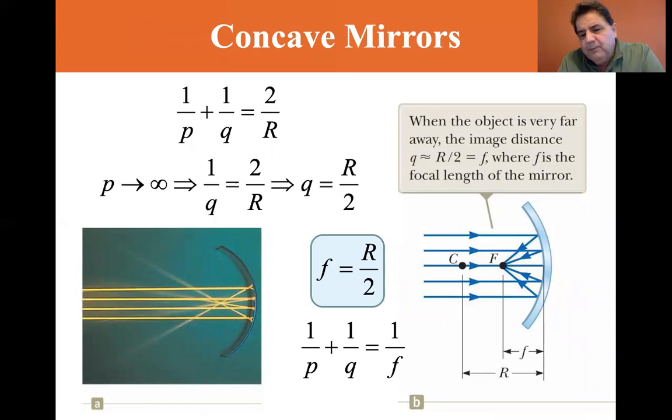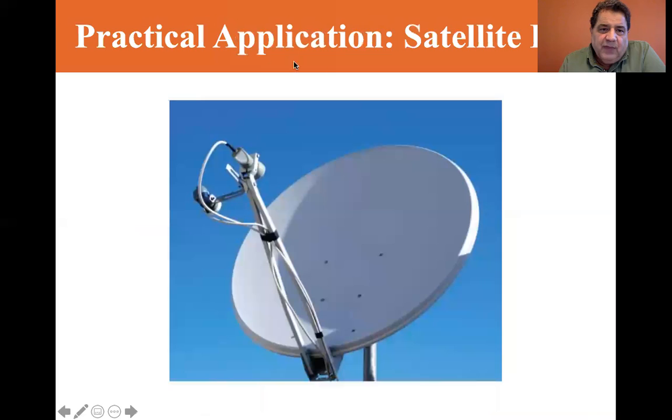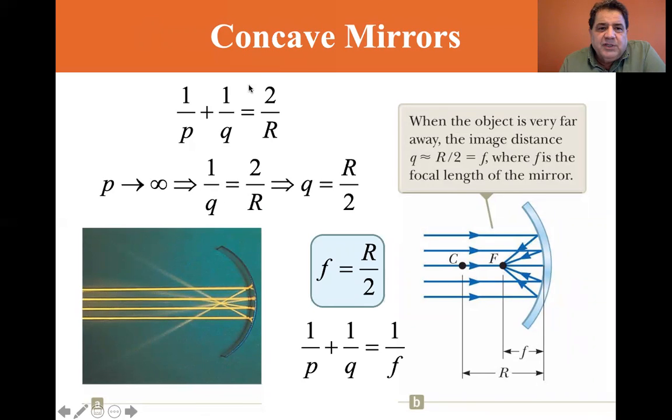So 1 over P plus 1 over Q is equal to 1 over F. So that's just this equation substituted, instead of 2 over R, it's 1 over F, because F is equal to R over 2.